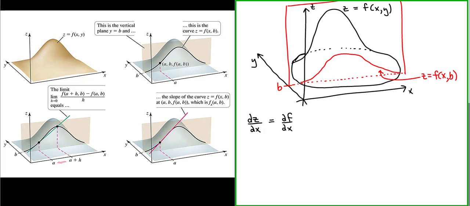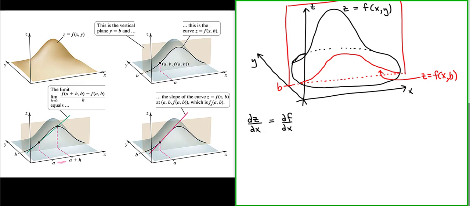So z now is a function of x. It's a function of x where y is equal to the constant b. So now let's say we want to find the derivative at a point on this curve of intersection.